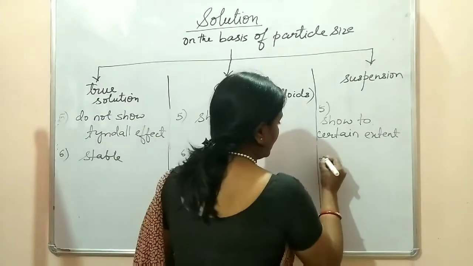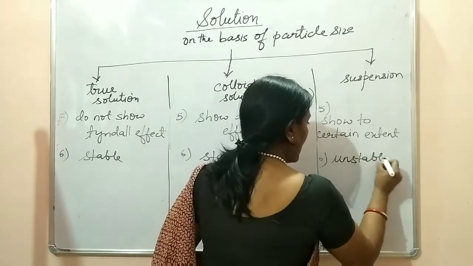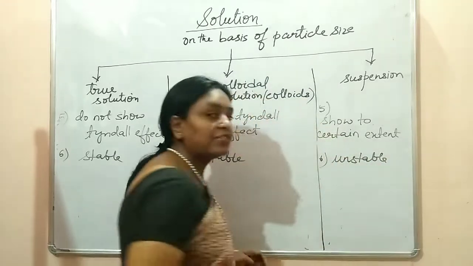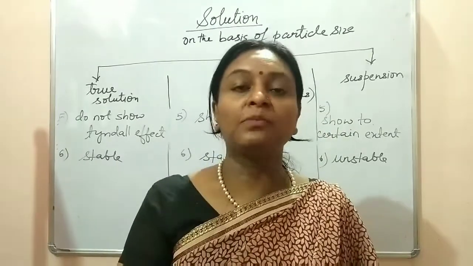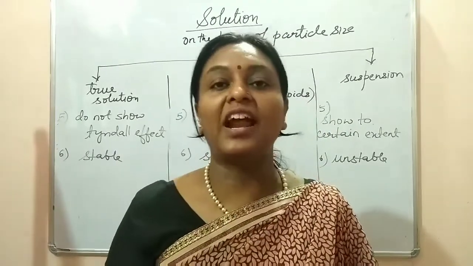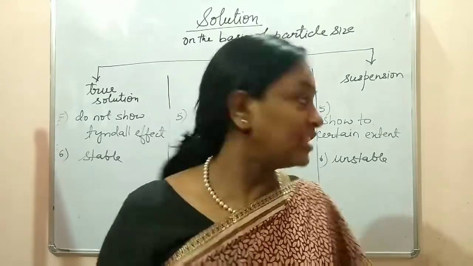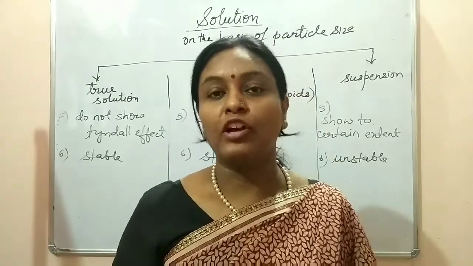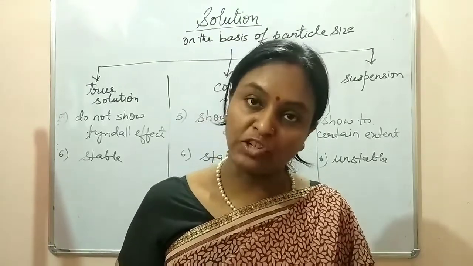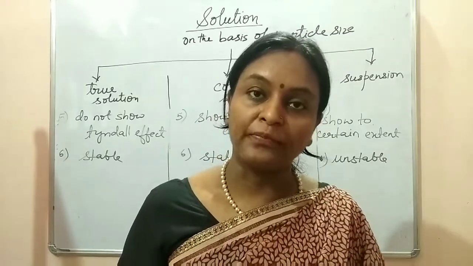But suspensions are unstable. Unstable means when you leave a suspension undisturbed, the suspension particles will get deposited at the bottom. What are examples of suspension? A soil and water mixture. A mud and water mixture forms a suspension. A chalk powder and water mixture forms a suspension.